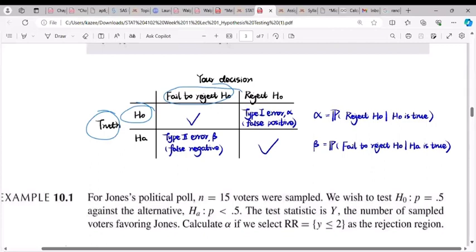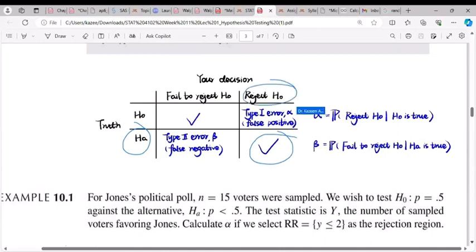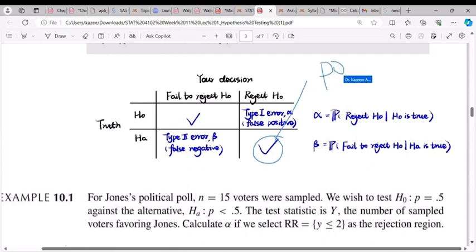Now, look at another correct decision here. The alternative hypothesis is true and you reject the null. When the alternative is true and you reject the null, that's another correct decision, and that's exactly what we want. Now, this one here is what we're going to call the power of a test.